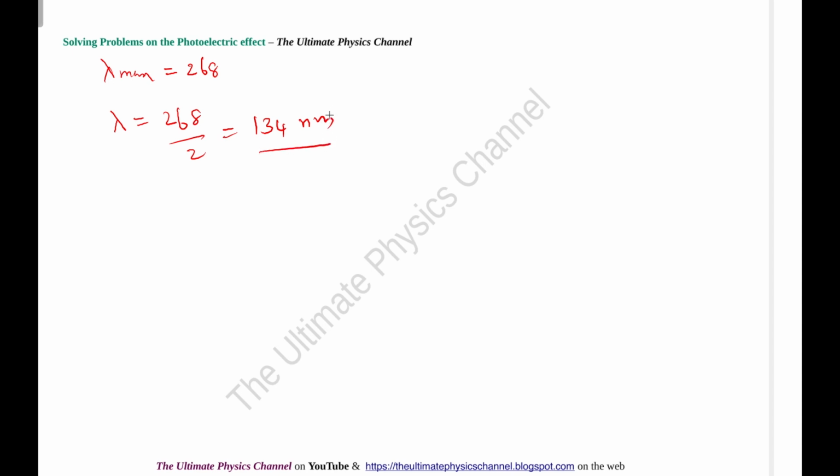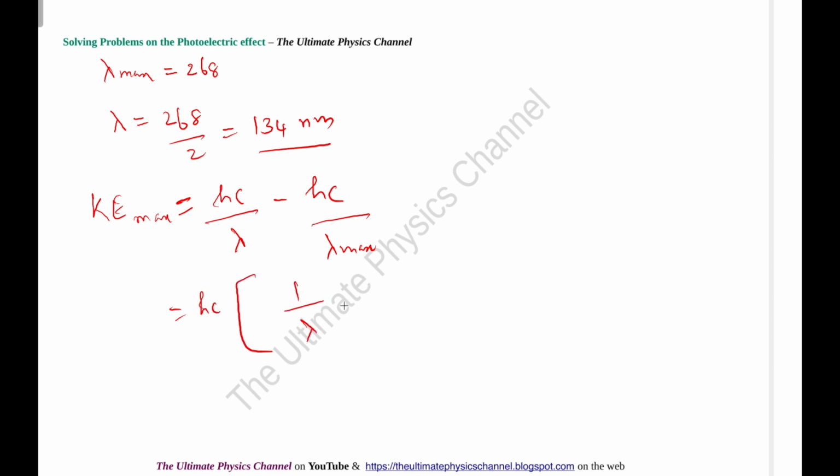If this is done, what would be the Ke max? So we know the expression for Ke max, that is hc over lambda minus hc over lambda max. If hc is taken as a common factor outside of the brackets, you get 1 over lambda minus 1 over lambda max.